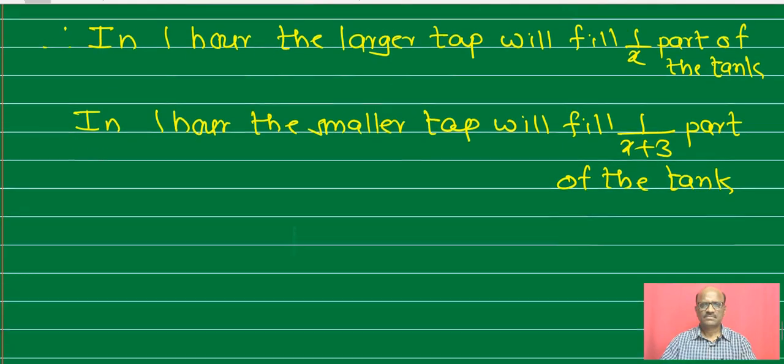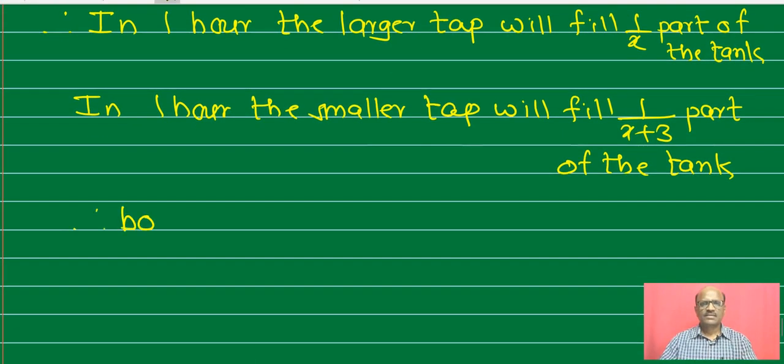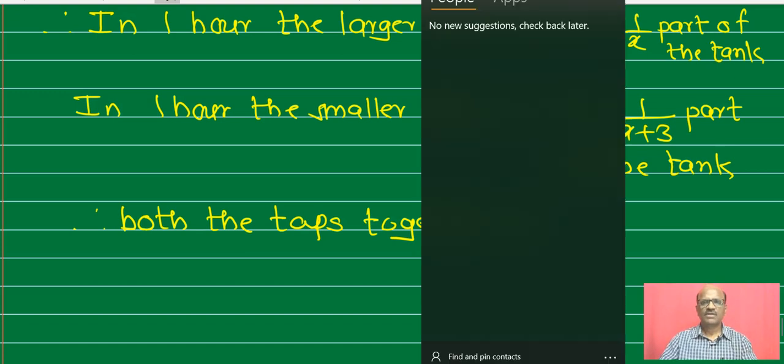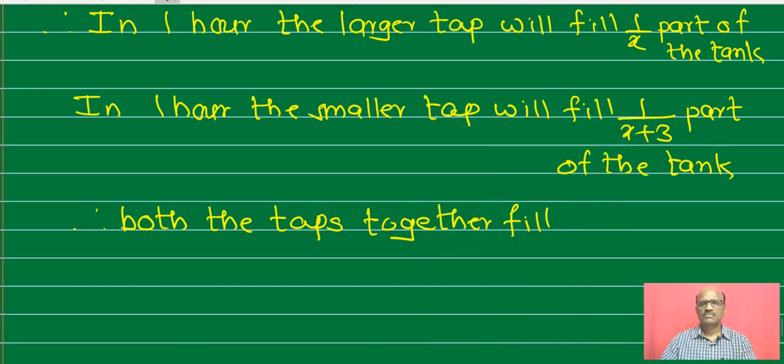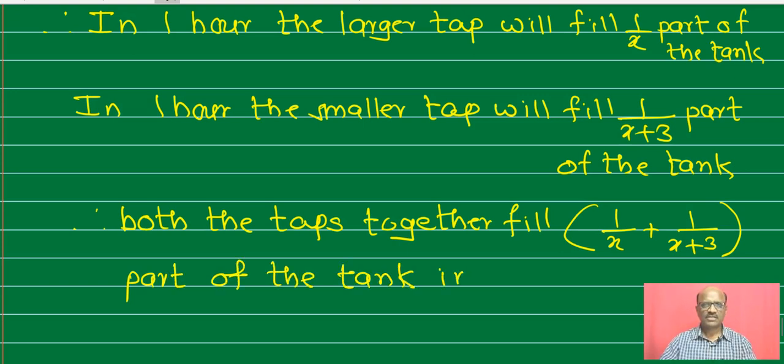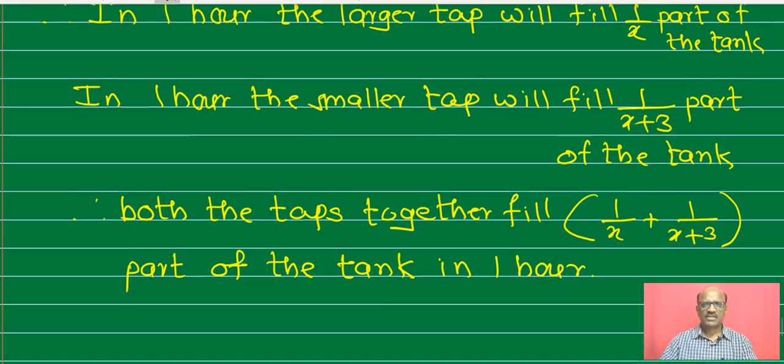Next, that is both of the taps together in 1 hour fill 1 upon x plus 1 upon x plus 3 part of the tank. दोन्ही एका वेळेस जर आपण त्या टँक मध्ये दोन्ही नळ सोडले तर ते किती पार्ट बनवेल एका तासात 1 upon x plus 1 upon x plus 3 in 1 hour.